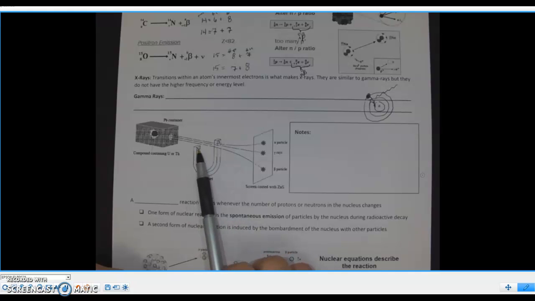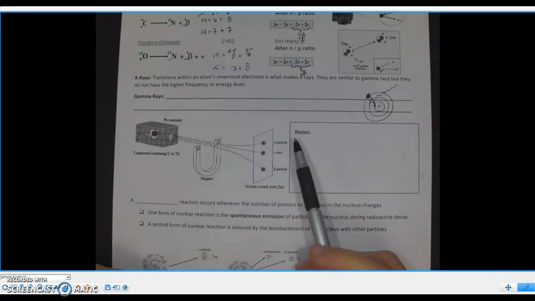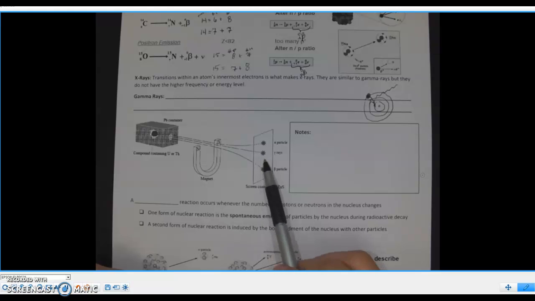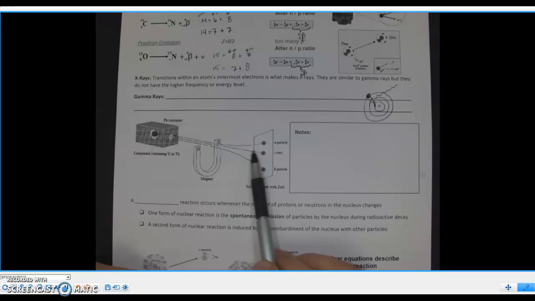And if we have this magnetic field running from north to south, the alpha particles, because they're positive, deflect up, and then the beta particles, because they're negative, deflect down, and then this gamma, which is neutral, it's just an electromagnetic wave, it's not positive or negative, it doesn't interact with the magnetic field, so it just goes straight through. Okay.